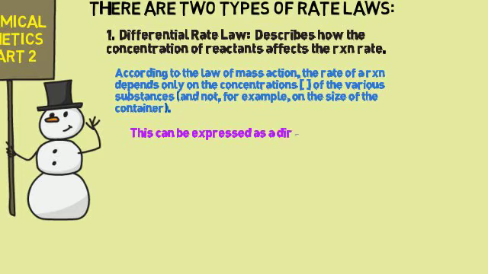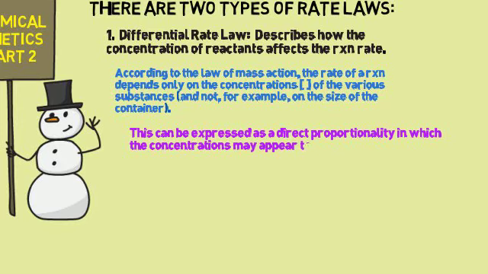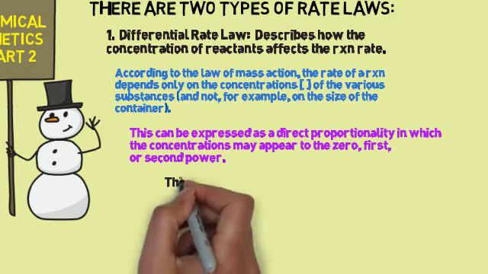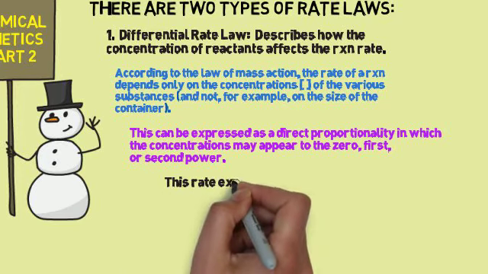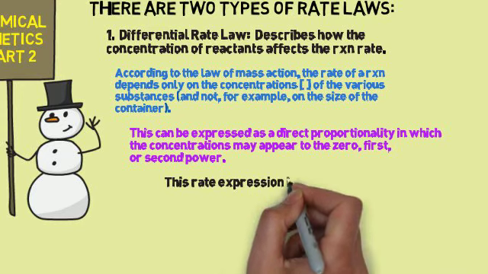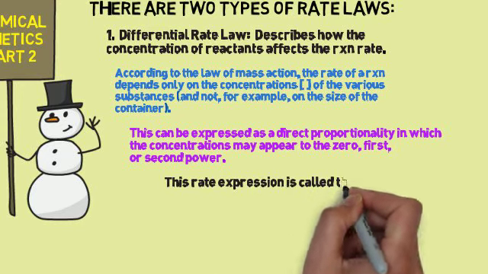This can be expressed as a direct proportionality in which the concentrations appear to be raised to the zero, first, or second power. This is also called the order of the reaction.